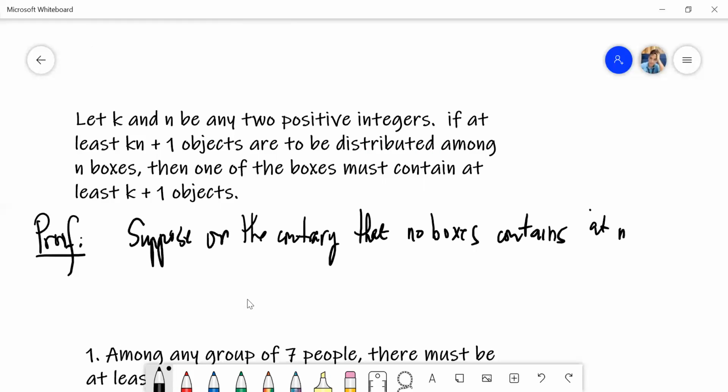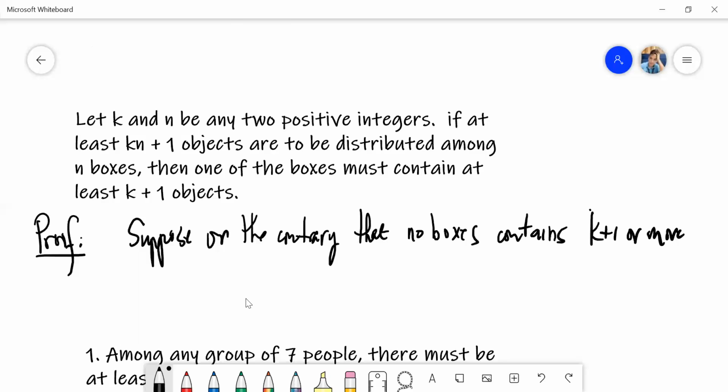I'm sorry, not at most, at least k plus 1. So let's say no box contains k plus 1 or more objects.